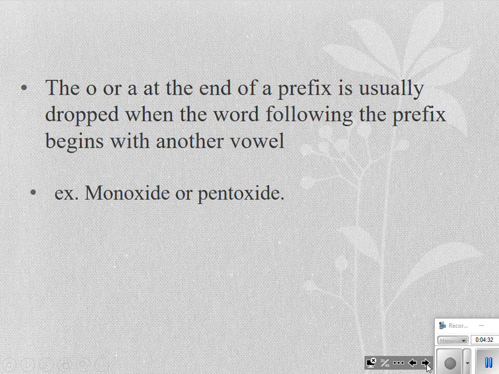If there is an O or an A at the end of the prefix, we usually drop it if the element begins with a vowel. So, if I have monoxide, I don't put mono-oxide. I don't double O it right there. I take that O off. Okay?